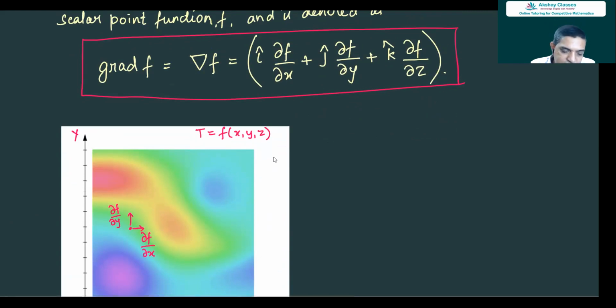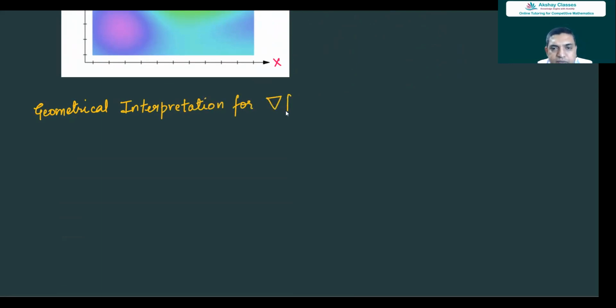So that is the geometrical representation. Now there are some geometrical interpretations of del f for fields, for equipotential surfaces, equipotential or isothermal surfaces.